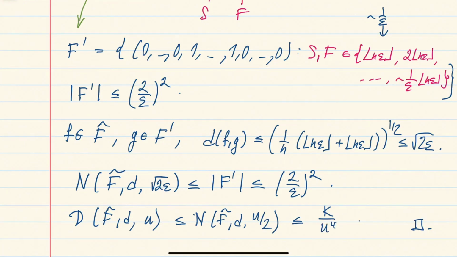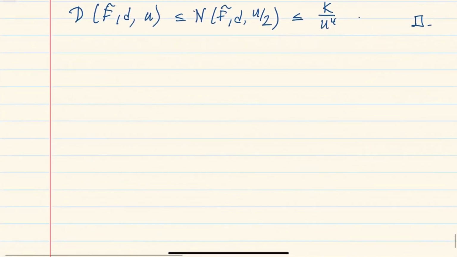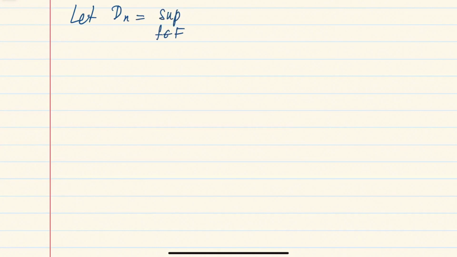Okay, and now it remains to plug in this estimate on the packing number into the previous result, into Kolmogorov's chaining bound. Namely, if we let dn to be the supremum over f in this set of indicators that we are interested in of the distance of the vectors f from 0, then the previous lemma, well, we had a control individually for each function of the Rademacher process.